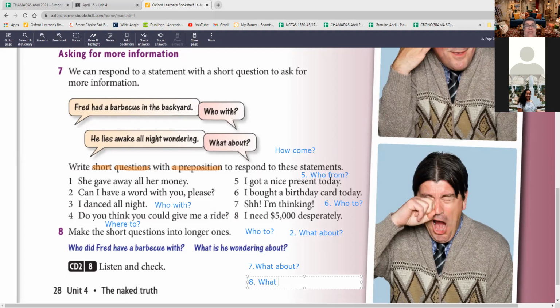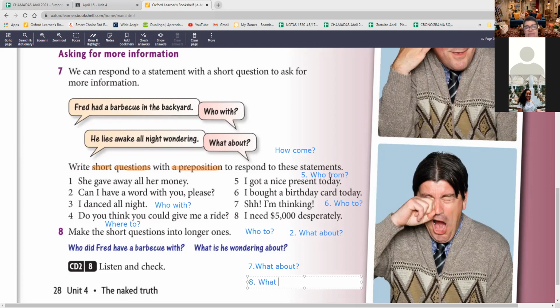Do you think I have all that money? Oh man. Yes, that's okay too. But in the exercise, we need to use a preposition.